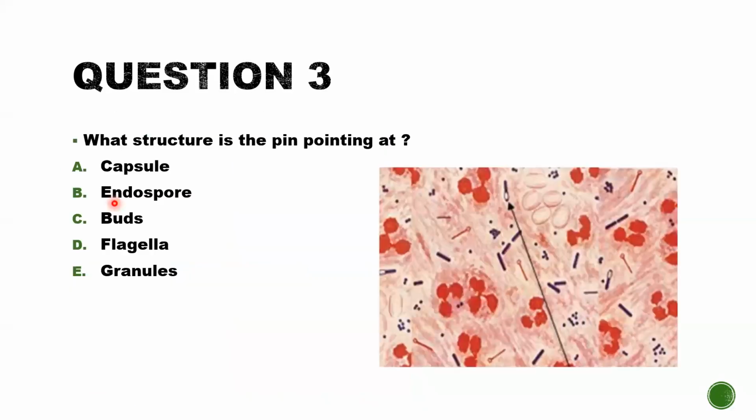What structure is the pinpoint? I didn't show you this before. I wanted to put it in questions. If you can guess. That's exactly, these are endospores. So could this be Clostridium or Corynebacterium?